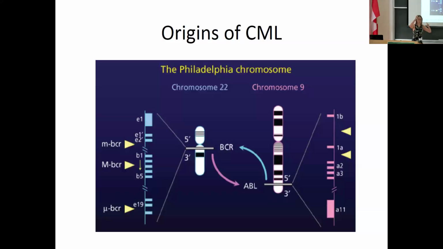These two pieces come together and fuse at exactly a specified location to create what is called the Philadelphia chromosome. If they break somewhere else and fuse there, nothing happens. So they have to break at an exact location and fuse exactly there. And then they create this gene called the BCR-ABL gene.